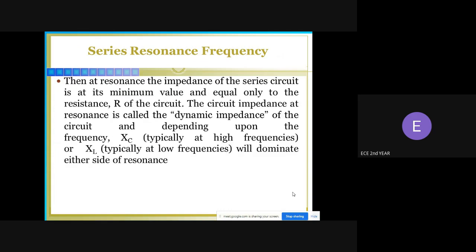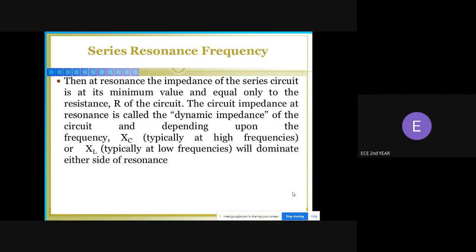Then at resonance, the impedance of the series circuit is at its minimum value and equal only to the resistance of the circuit. The circuit impedance at resonance is called the dynamic impedance of the circuit, and depends upon the frequency.